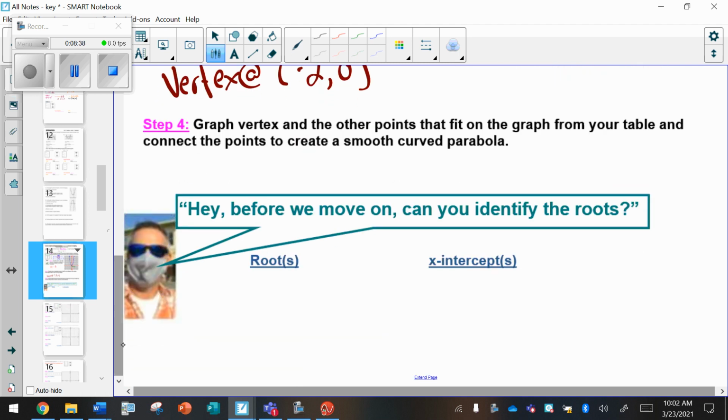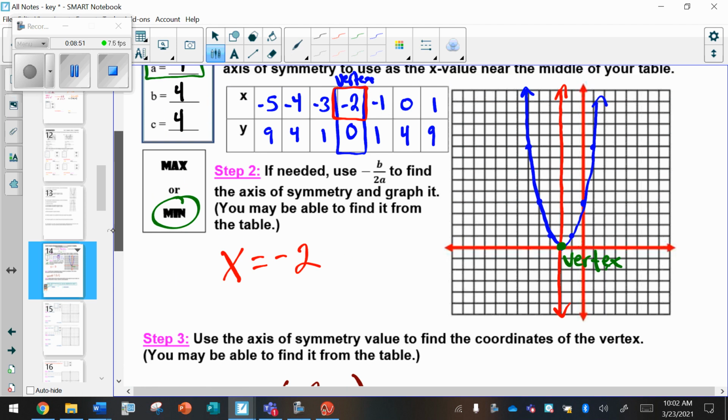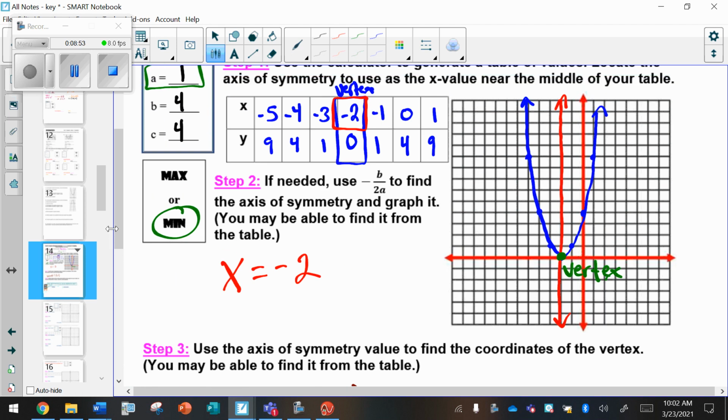But hey, before we move on, it wasn't asked for yet, but can you identify the roots? Yes, you can. Where are our roots? Our roots are where our graph touches or intersects the x-axis. In this case, our root is at the same point where our vertex is.